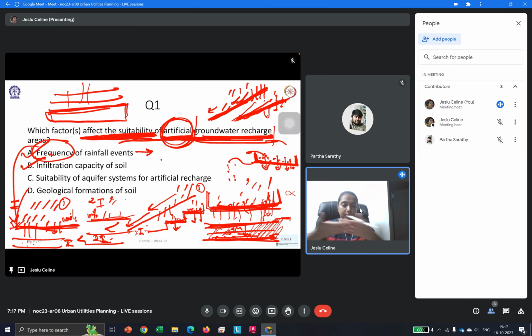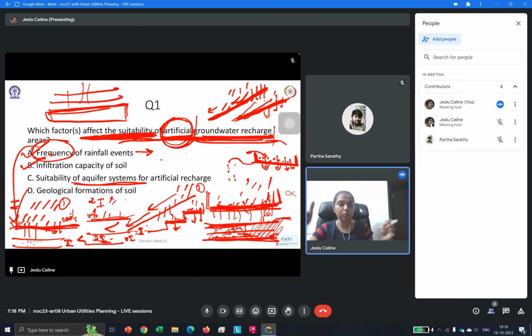There can be a pervious membrane, and then there can be an aquifer below it. Here we said that the maximum capacity is 3i, which means the aquifer has a capacity. If the aquifer does not allow for artificial recharge, for instance, if the capacity of the aquifer is already met with the normal rainfall event itself, then creating an artificial groundwater recharge structure or embankments will not add any benefit.